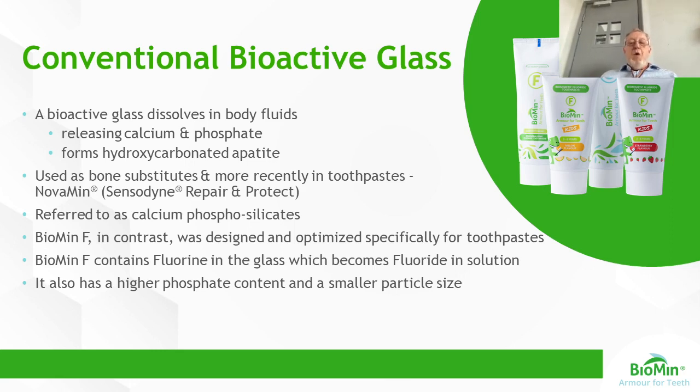It also has a smaller particle size, and that is important with regard to occlusion of the dentinal tubules in treating dentine hypersensitivity. It's important to note that the Novamin glass that's used in the Sensodyne Repair and Protect was actually developed as a bone substitute. It was never, ever intended to be used as a toothpaste.